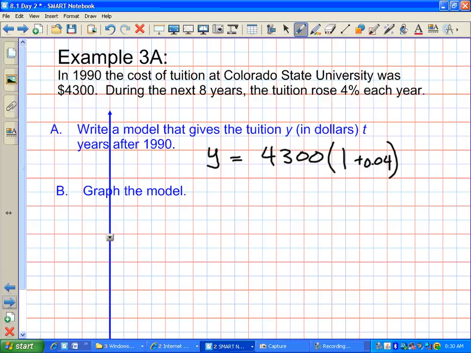That number 1 not only gives me the original amount, but I add that to the percentage of increase. And then I'm going to have a T. The T represents the time, the number of years, the number of times I'm going to compound this because it increases every year. So this is my equation. You can simplify it.